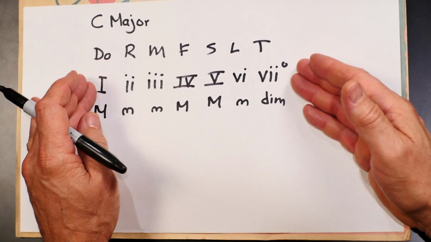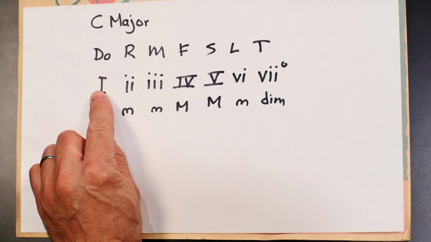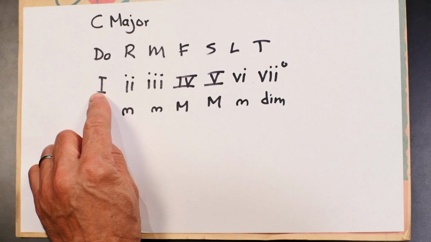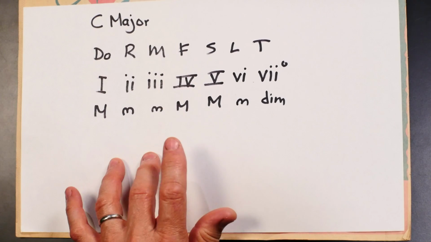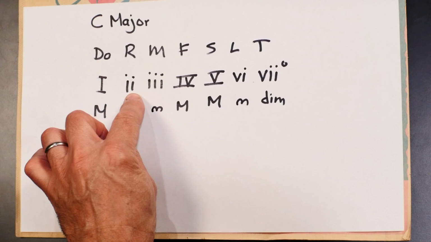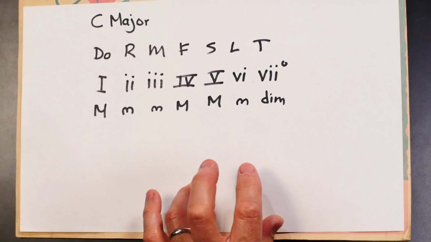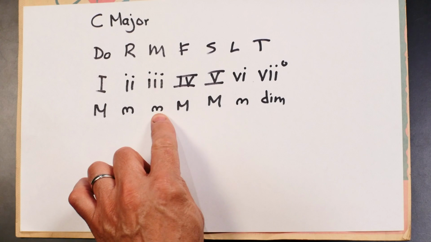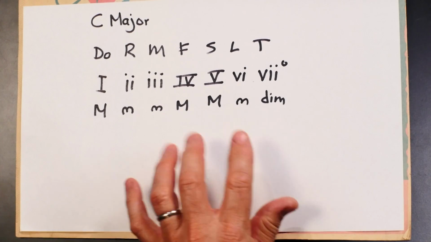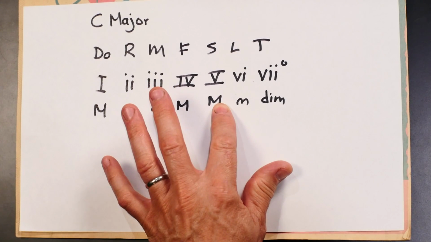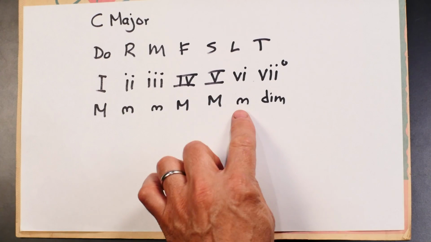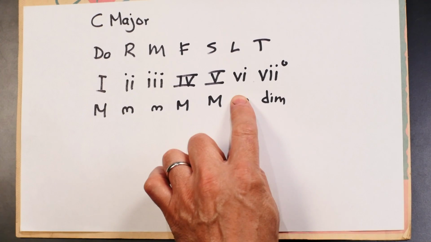So let's look at that a little bit more. The notes of the 1 chord, of course, in C major are C, E, G. 2 chord, D, F, A, minor chord. 3 chord, E, G, B, minor chord. 4 chord, F, A, C, major chord. G, right, our 5 chord: G, B, D. And then we have A, C, E on our 6, which is minor.